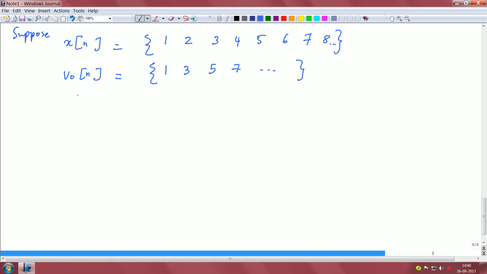Now V1 of n is basically you take a delay element and then you downsample, right. So basically at the first step you may have some value, then you will end up with 2, 4, 6, 8, and so on.